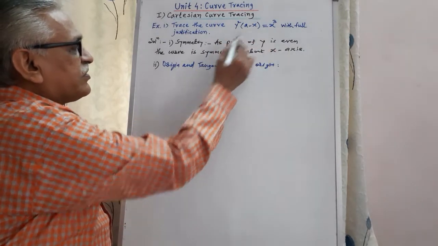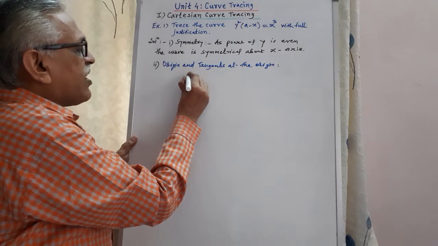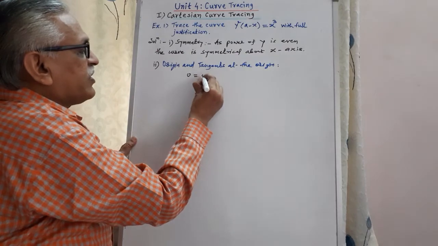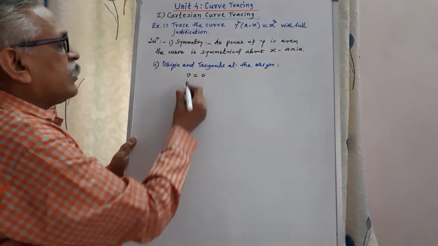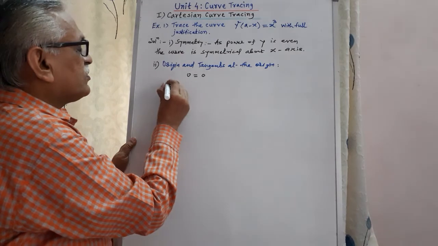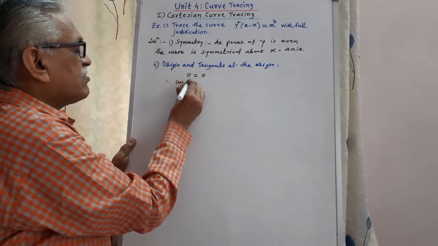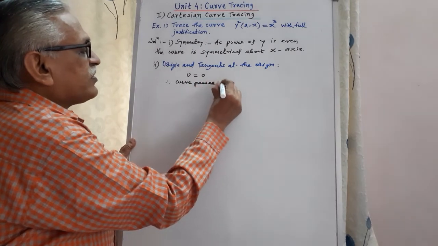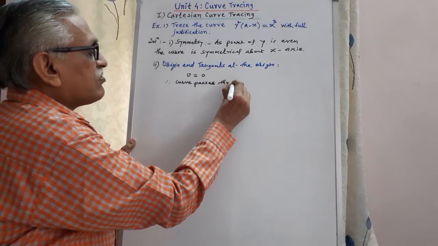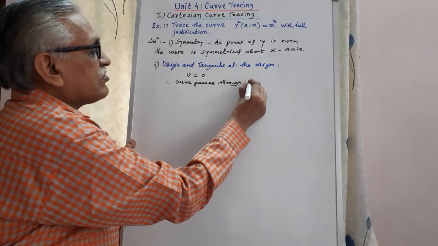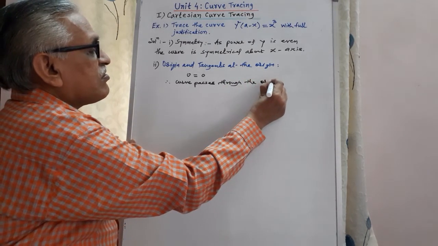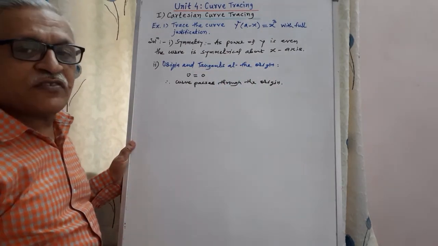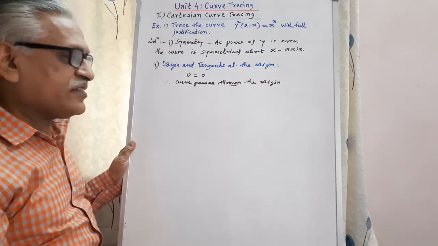Put y and x at 0. Therefore, if we put y equals to 0, left hand side becomes 0. If we put x equals to 0, we get right hand side as 0. And as we get 0 is equals to 0, therefore, curve passes through the origin, and as it passes through origin, we require to find tangents at the origin.